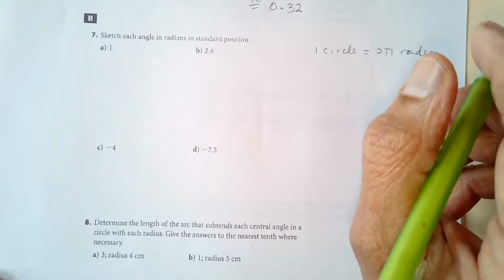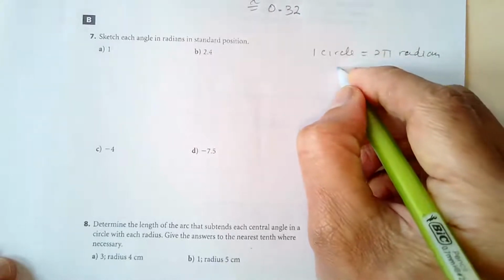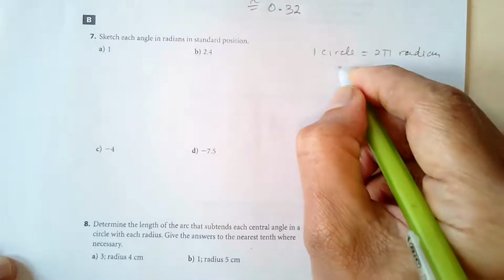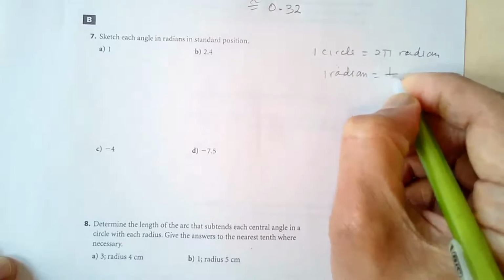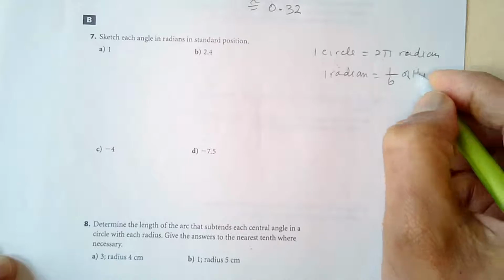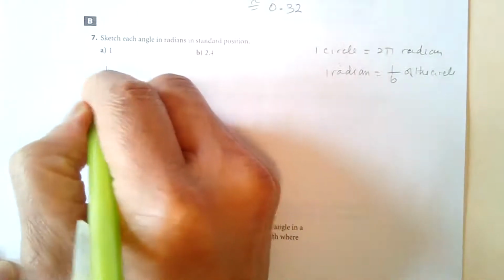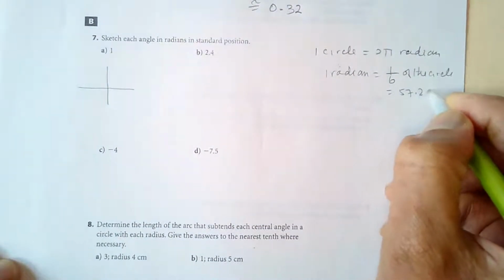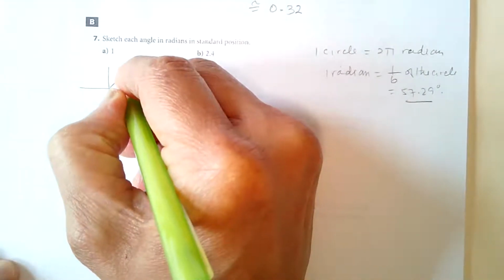So 1 radian is 1/6 of a circle, which is approximately 57 degrees, 57.29 degrees. So that's 1 radian.